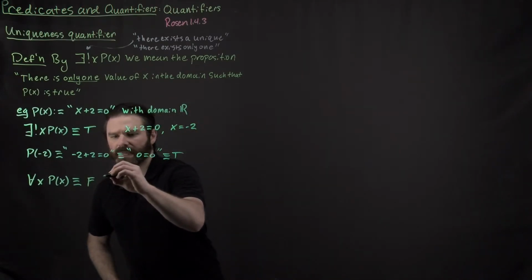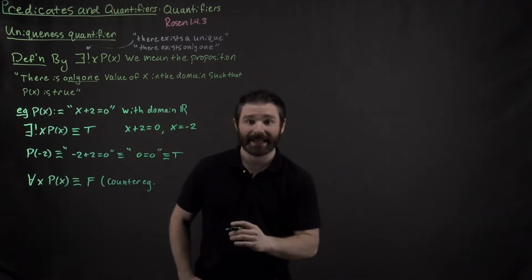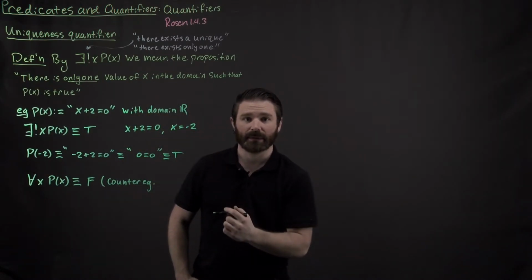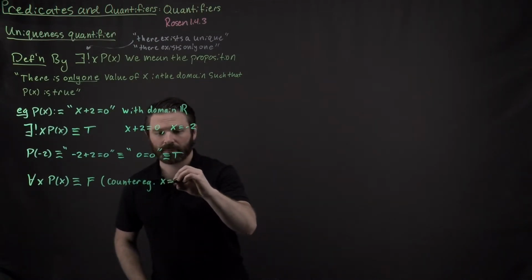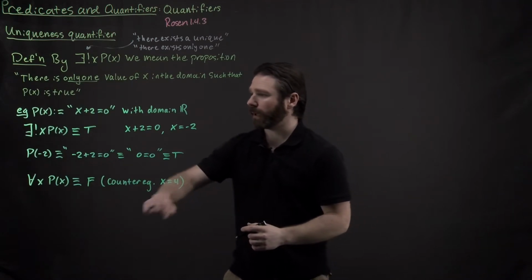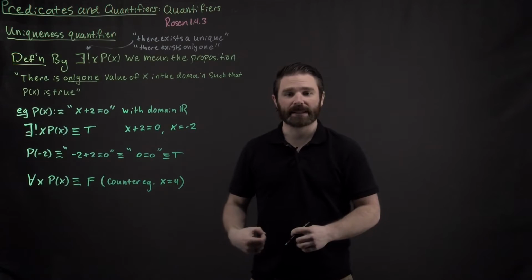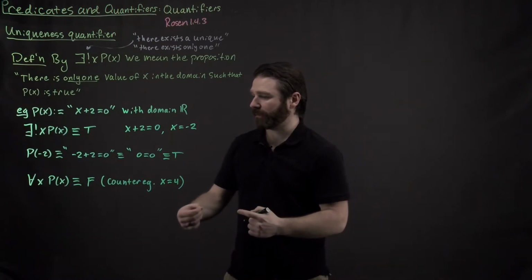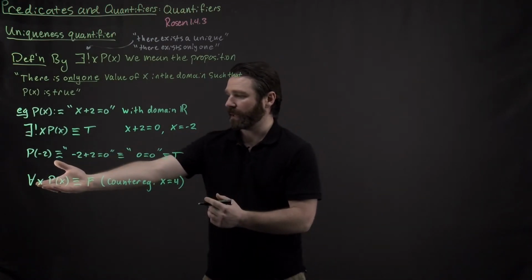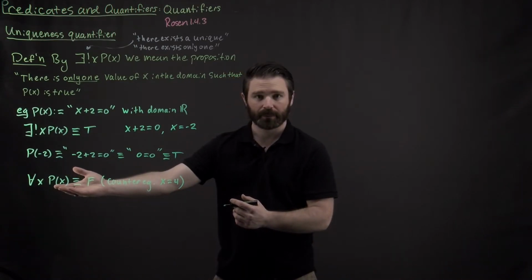This is false, and our counterexample would be anything besides x equals negative 2, like x equals 4. So if we were to plug 4 into this propositional function right here, 4 plus 2 equals 0, nope, that's a false statement. Therefore, since we have found a counterexample, this universal quantifier statement here is false.